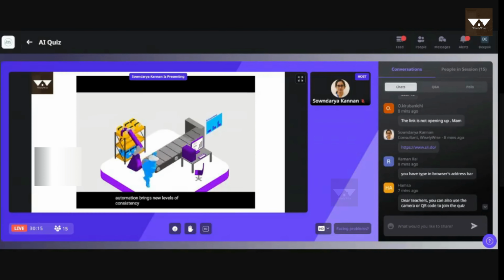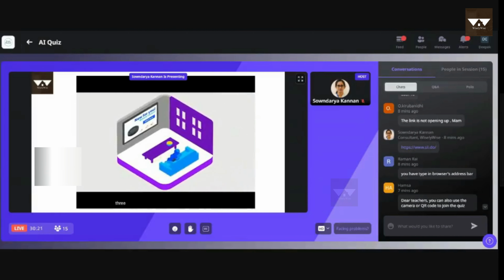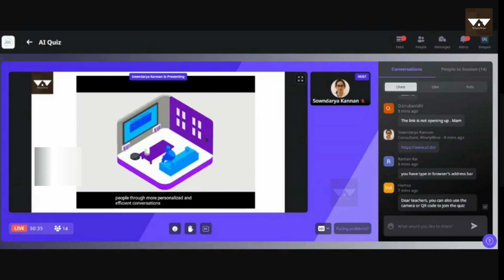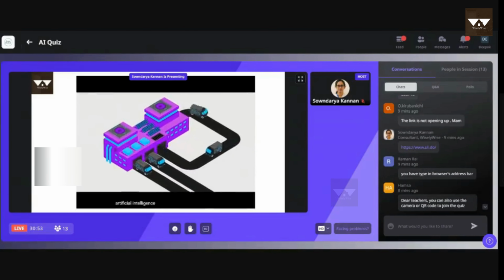Automation brings new levels of consistency, speed, and scalability to business production. 3. Better human experience through enhanced interaction. Technology such as personalized chatbots create superior experiences for people through more personalized and efficient conversations. 4. Invention of new intelligent products and services. AI supports agility and rapid experimentation, helping you discover new products and services with the speed and excellence that wasn't achievable before. Artificial intelligence, the future of business growth.